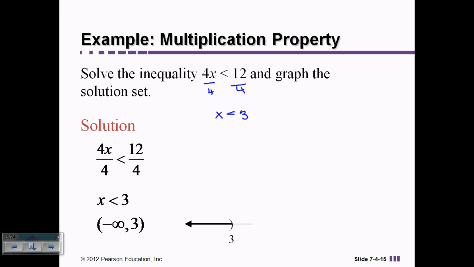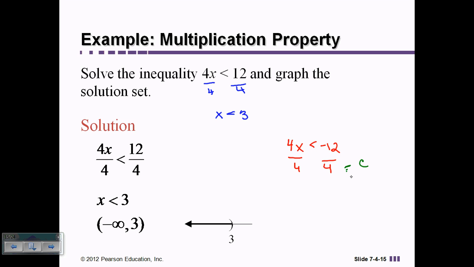Okay, so now let me give you an example that tricks sometimes. What if I said 4x is less than negative 12? Well, in order to solve that problem, I'm going to do the same thing. I'm going to divide both sides by 4. Now, this 4 is my c value. Remember how we can multiply both sides by something?